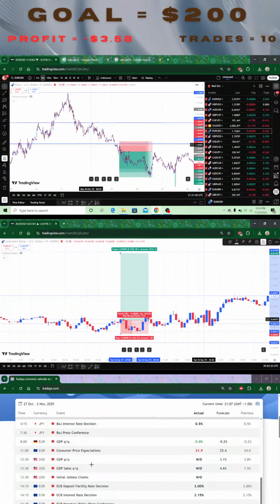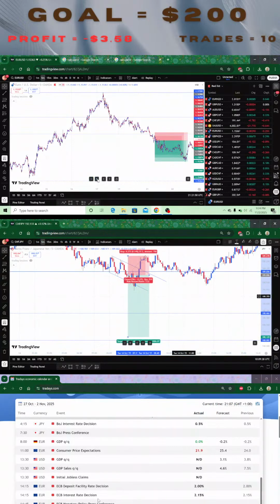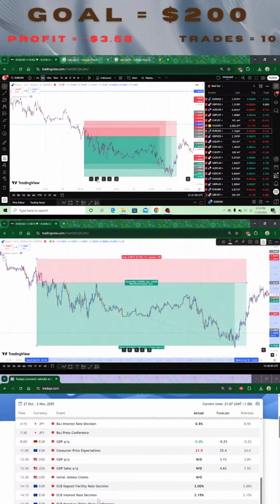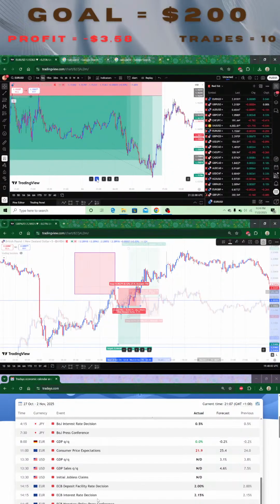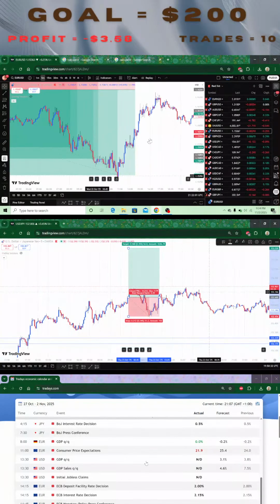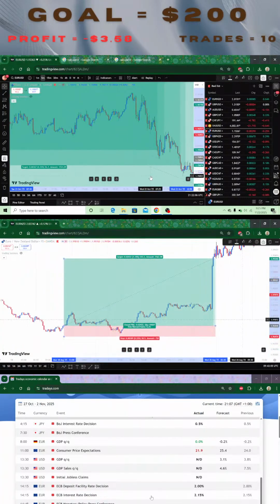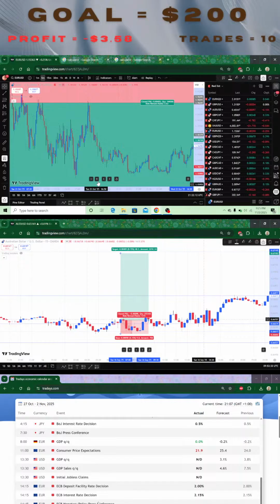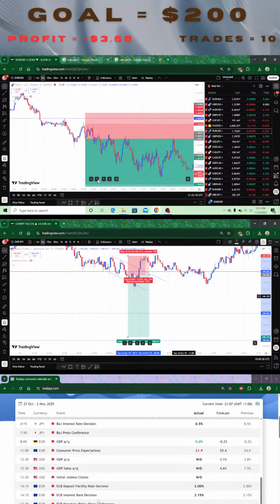So I need to open the financial indicator. Sorry, I'm just trying to see. Oh goodness, why is this thing misbehaving? Okay, now it's open.